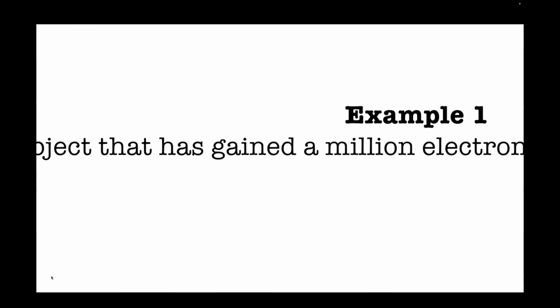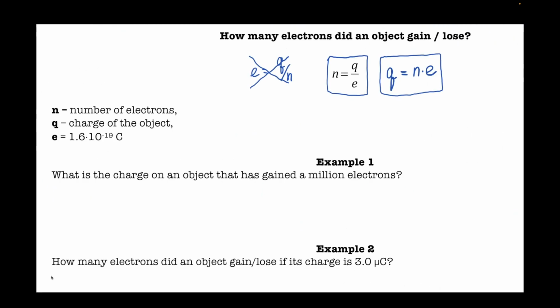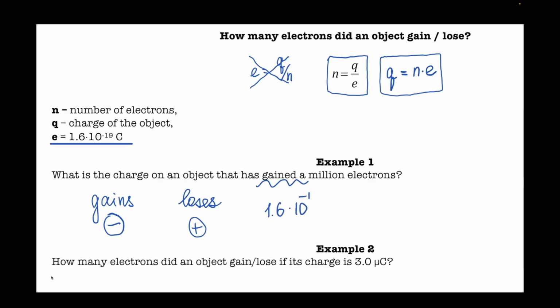So let's work on some examples. What is the charge of an object that has gained 1,000,000 electrons? You need to know if it gains, then you have extra electrons and the charge will be negative. If it loses, then the charge on the object will be positive. So we have gained 1,000,000 electrons. I'm going to take 1.6 times 10 to the negative 19, and I will multiply it by 10 to the 6th, because 1,000,000 has 6 zeros.